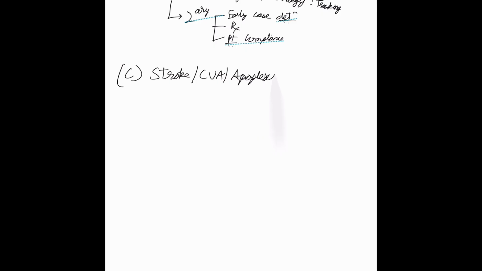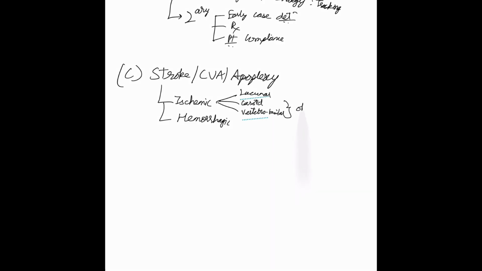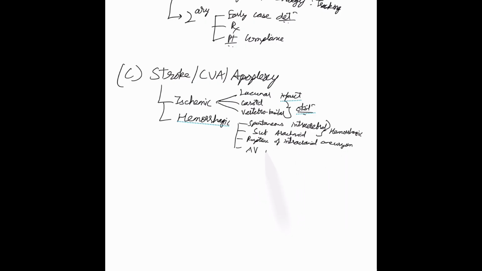Our next cardiovascular disease is stroke, also known as apoplexy. It can be classified into ischemic or hemorrhagic strokes, which can be subclassified into lacunar, carotid, and vertebrobasilar ischemic strokes. And hemorrhagic strokes can be classified into spontaneous intracerebral and subarachnoid hemorrhages, rupture of intracranial aneurysms, and arteriovenous malformations, basically rupture of the malformation.